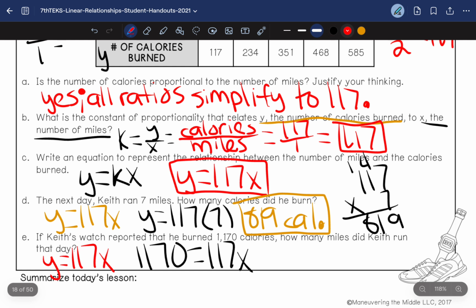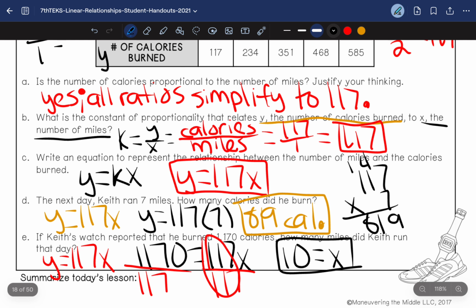Now I need to isolate the variable, so I'm going to divide both sides by 117. So those will zero out, and you get 10. So he ran 10 miles. All right, good job solving problems related to constant of proportionality.